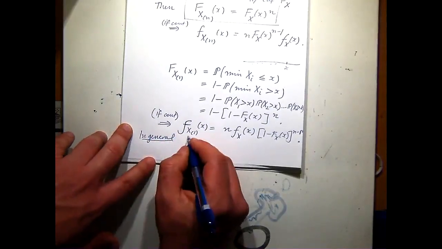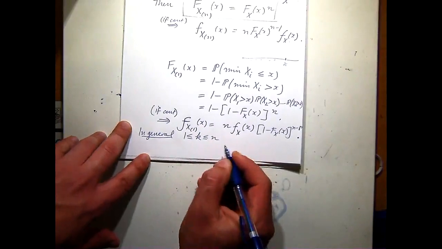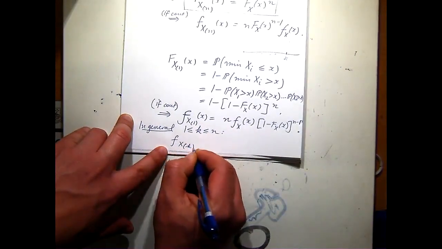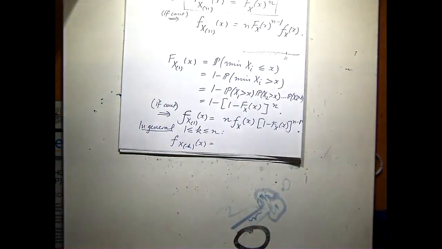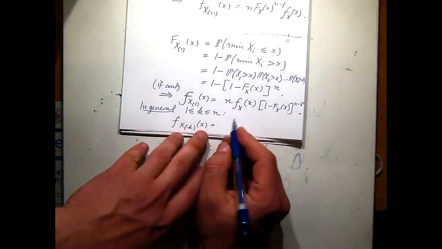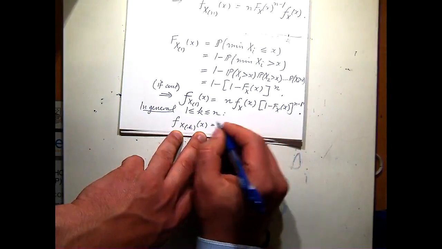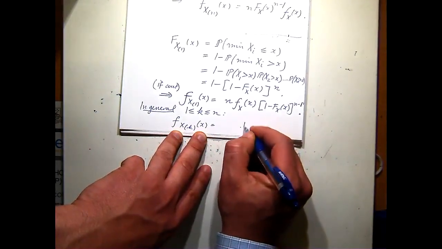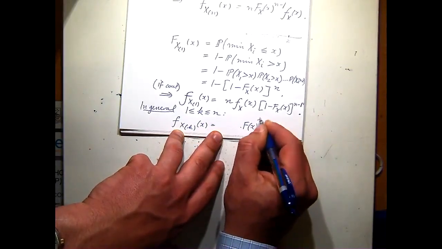last time for any k that you might choose between 1 and n. The density of the kth order statistic is equal to, there's a constant which I'll write later. There's all the ones that have to be less than xk, they're k minus 1.